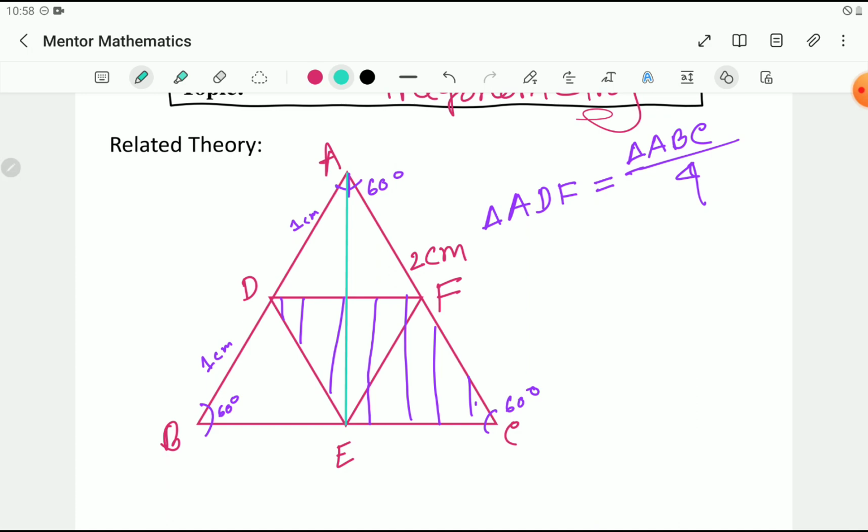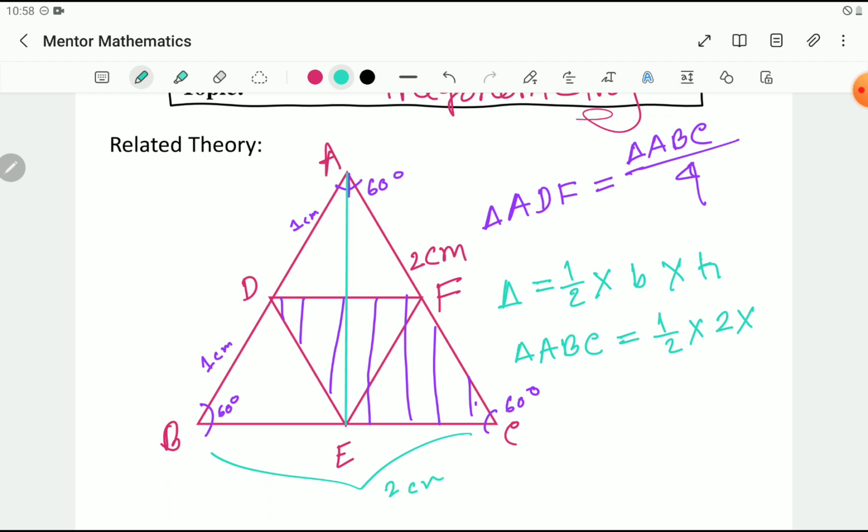Now we know the formula of area: half into base into height. So let's find out the area of ABC. Then half into base is 2, right? The distance is 2 cm. But what is the height? We don't know the height.